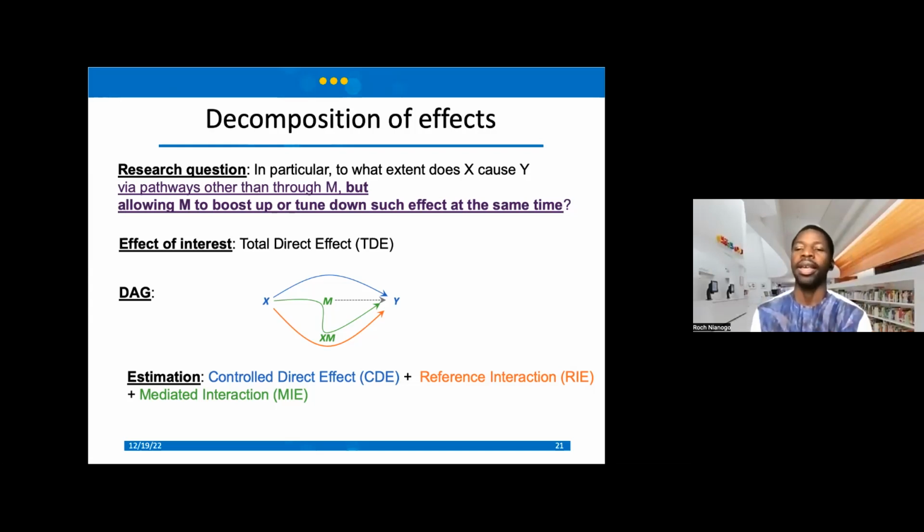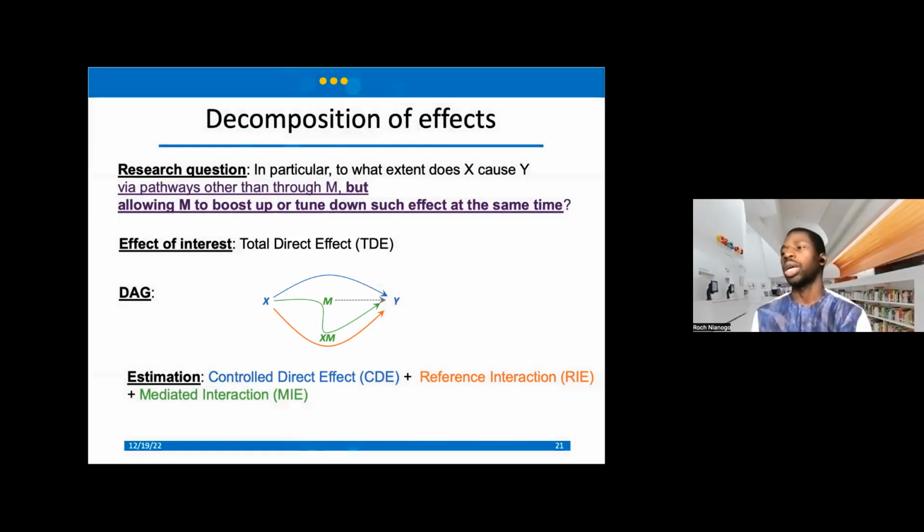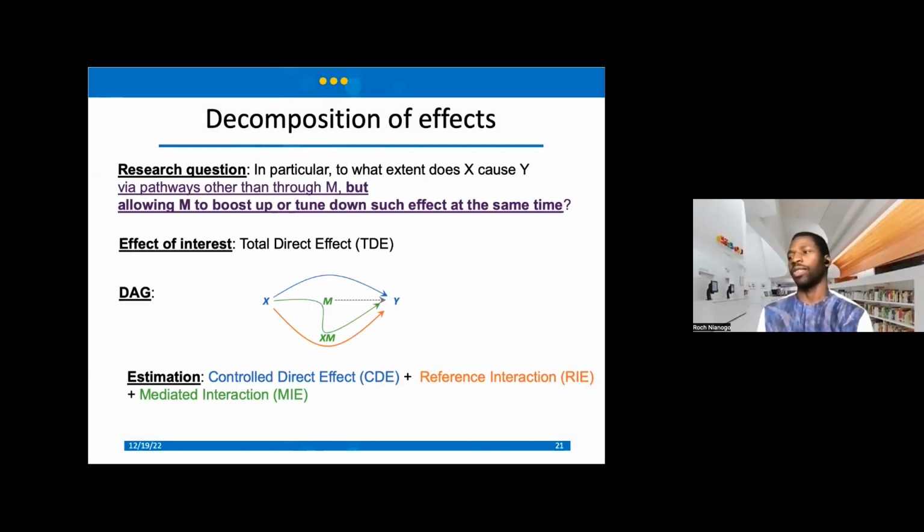That's basically just saying allowing for an interaction to happen, right? But this is now going to be equal to the blue line plus the green line plus the orange line. That's why we call it the total direct effect. You can see here that there's already a relationship between the pure direct effect and the controlled direct effect because we have that mediated interaction that is basically added there, right?